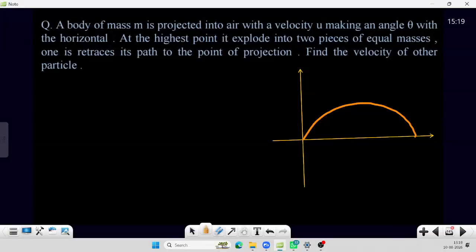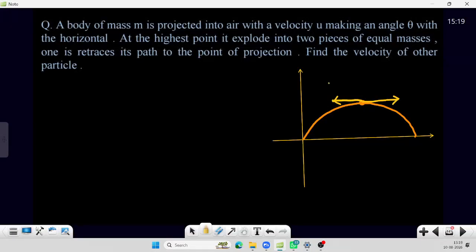But when the body reaches the highest point, it breaks into two particles of equal mass. One particle moves like this.